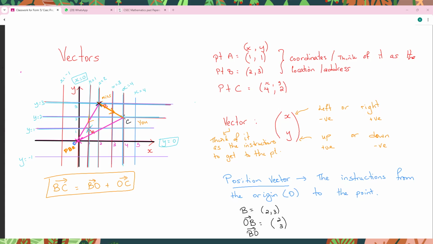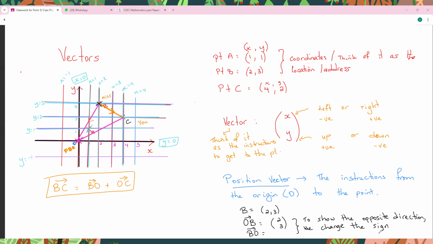So if you have vectors in opposite directions, we have to change the sign.